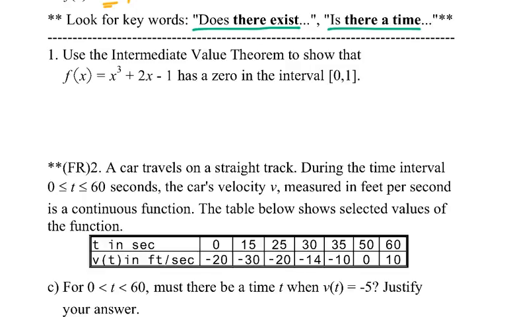Number 1, use the intermediate value theorem to show that if f of x equals x cubed plus 2x minus 1, f of x has a 0 on the interval 0 to 1. So first of all, and as you're kind of working with this, it's going to help to visualize this a little bit.